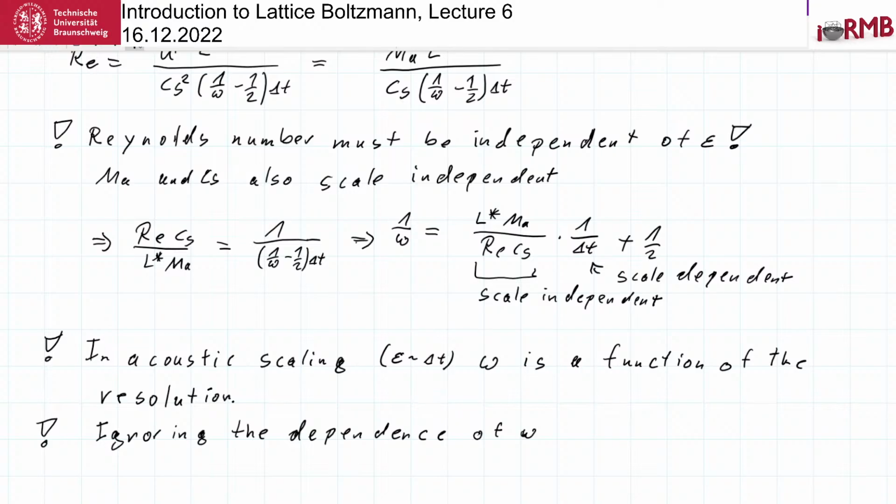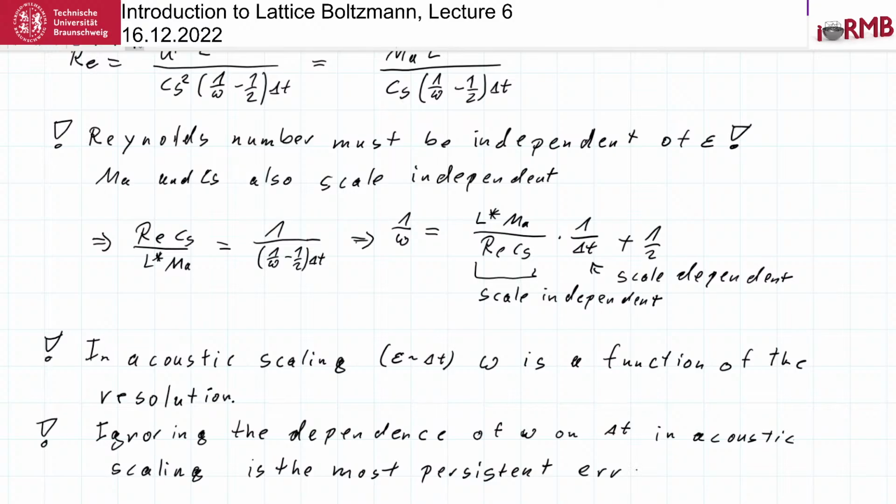Ignoring the dependence of omega on delta t, which happens in acoustic scaling, because it is very popular to use acoustic scaling, is, in my opinion, one of the most persistent errors in literature in this regard.